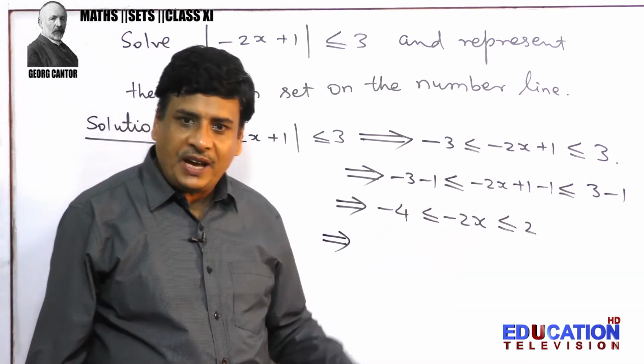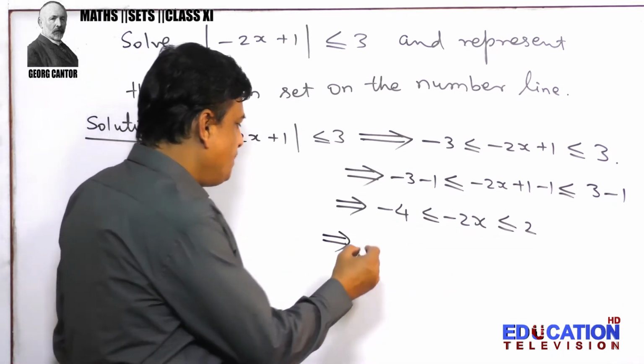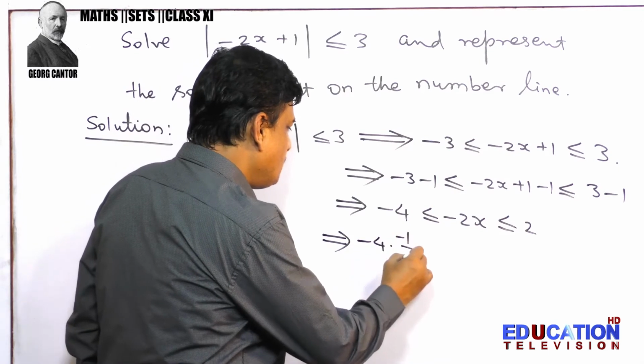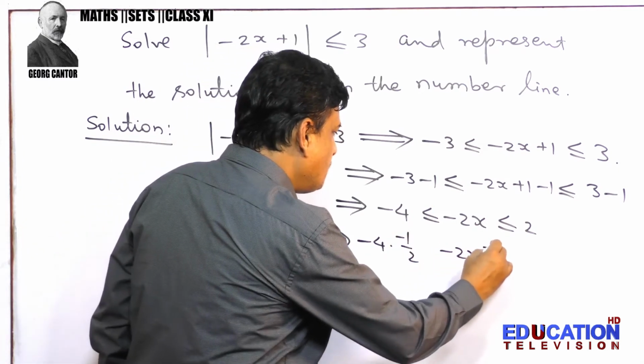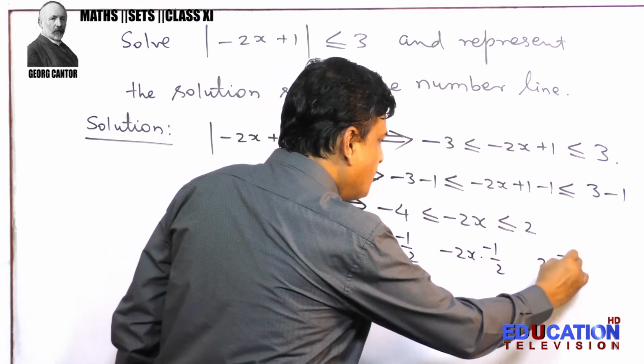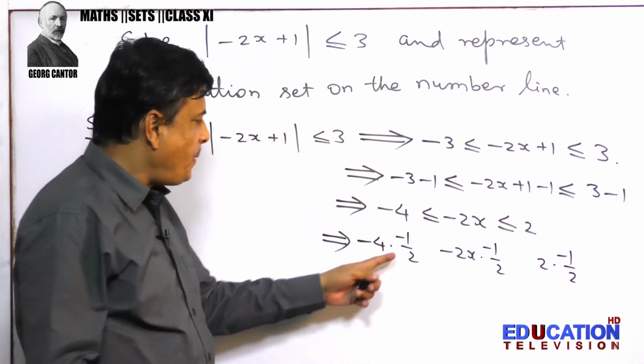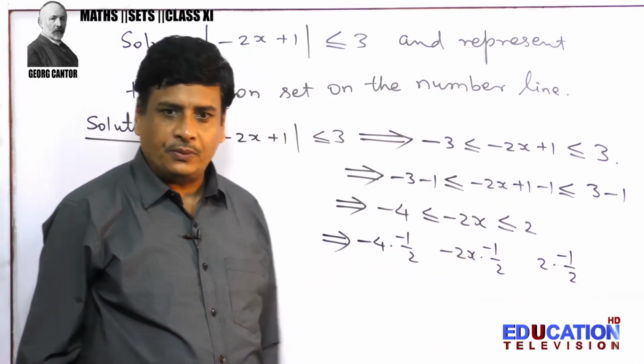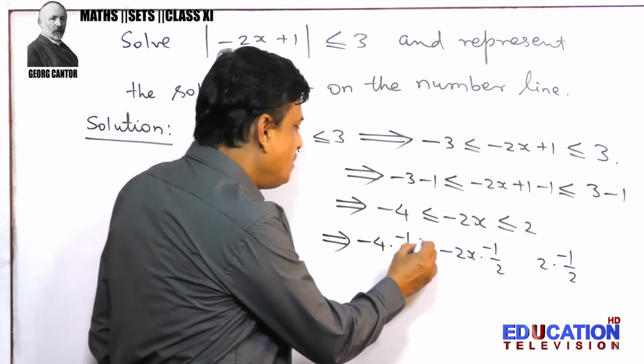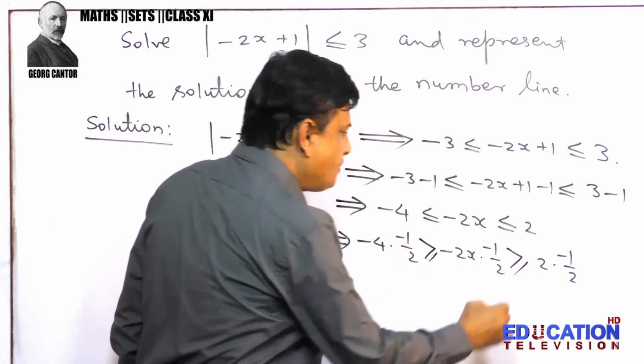Multiply each term by minus 1 by 2. The factor is negative, minus 1 by 2, so the inequality is reversed.